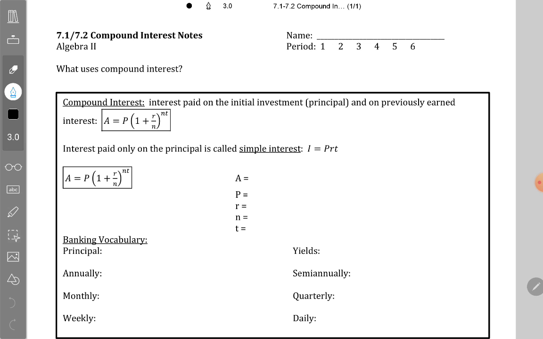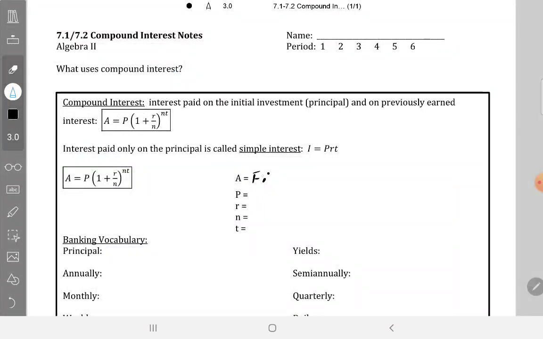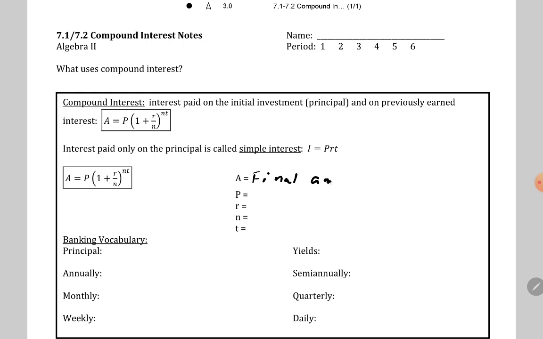So here we go. A in this case is your final amount, what you end up with, your account balance after the interest. P is your principal, your initial amount, what you have in the bank.